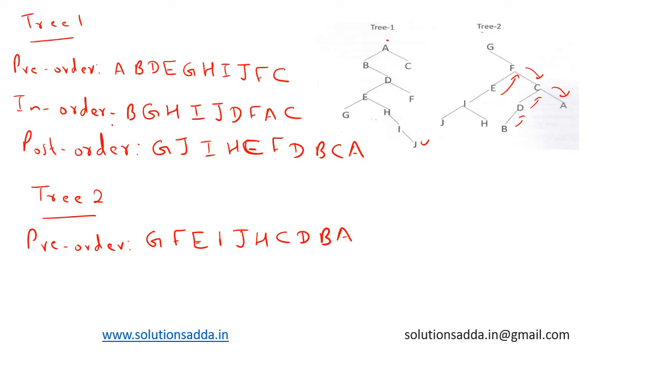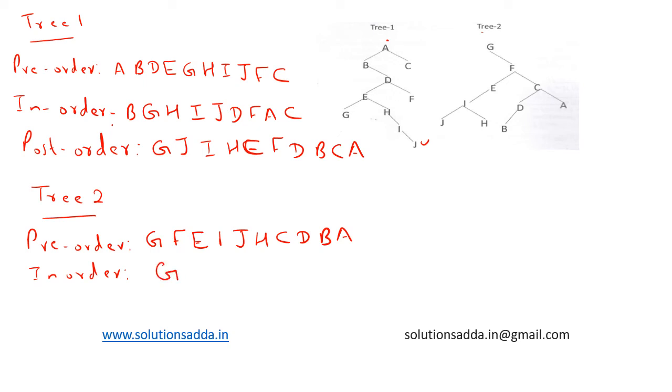Now for the in-order traversal. In in-order traversal, we first try to move to root's left. There is no root's left, so we print G first.